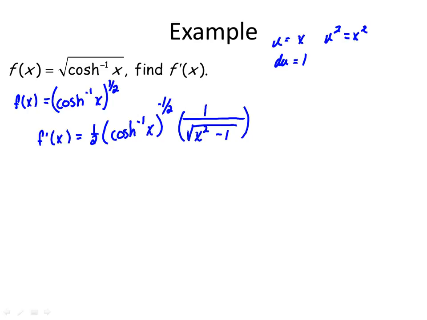Okay, cleaning this up is going to be fun. What goes on top? 1, nothing but. On bottom, we have the 2. We have the square root, or if you want to leave it to the 1/2, you can. There needs to be a negative 1 in there.